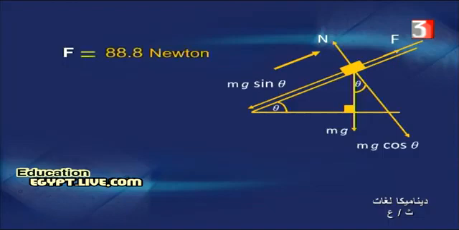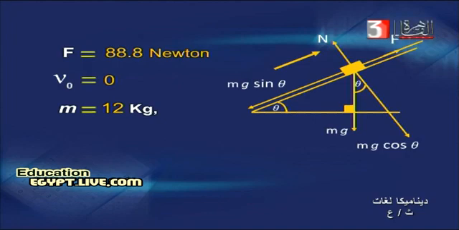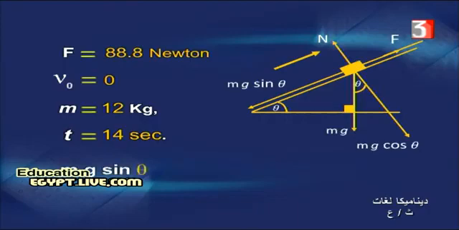Since F cosine theta is smaller than mg sine theta, the body moves downward along the plane with a uniform acceleration a. Now we can write the equation of motion of the body: ma equals mg sine theta minus F cosine theta. 25 times the acceleration a equals 196 minus 176.4.